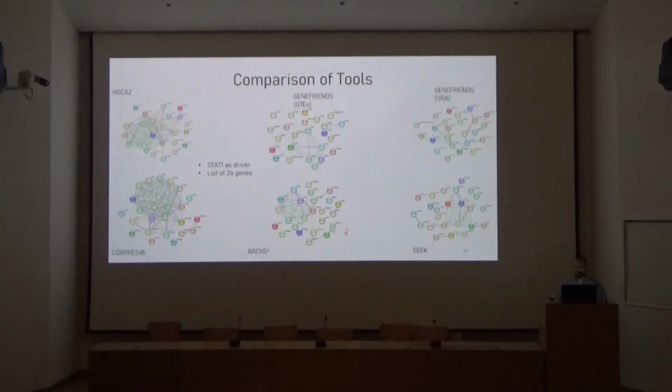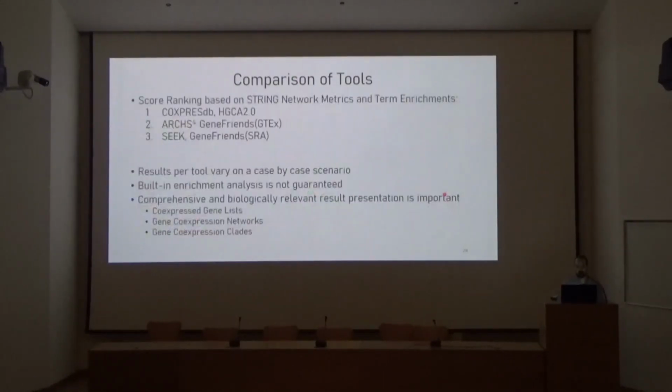This is one example out of all the cases that we tested, and we can see that HGCA2 and CoExpress-TB produce dense networks, followed by GeneFriends and RHS4, and the SRA version of GeneFriends and SIG are next. By ranking those websites not only by their network metrics, but also by the enriched terms that they produced, we reached the same conclusion.